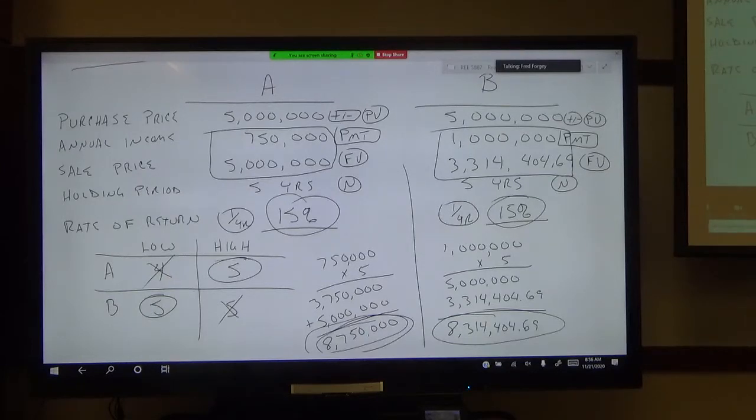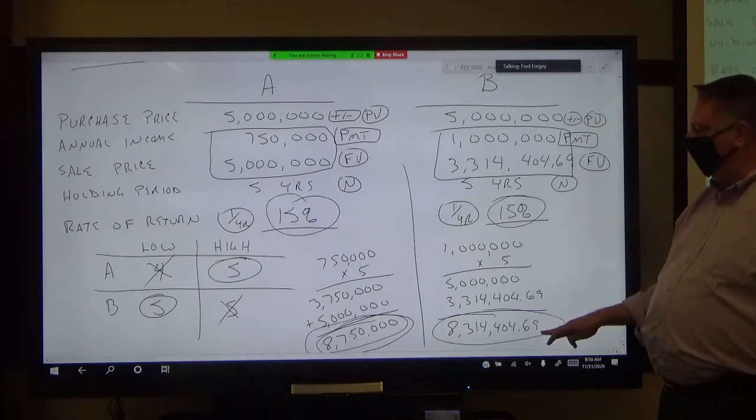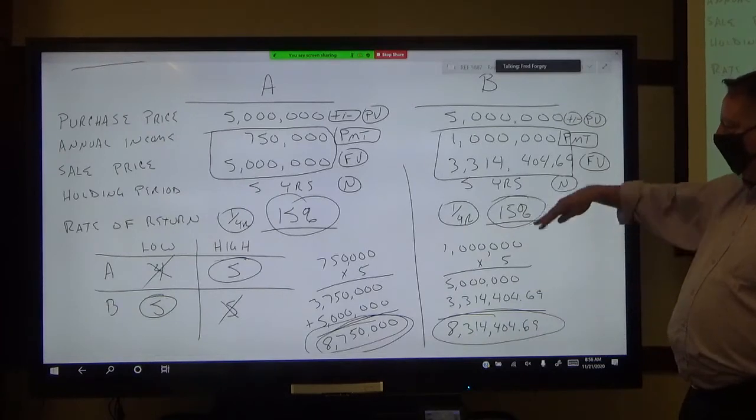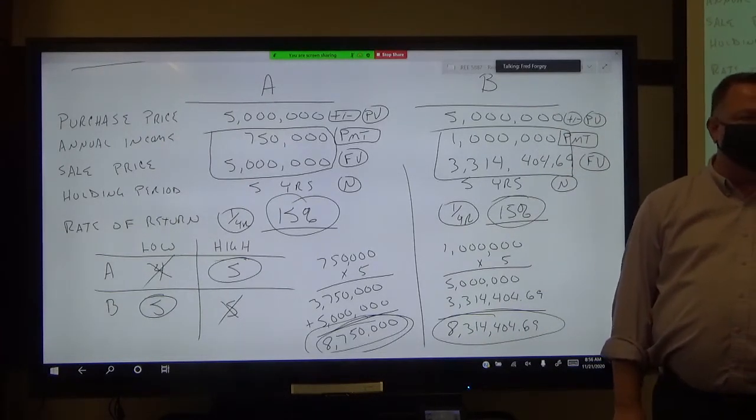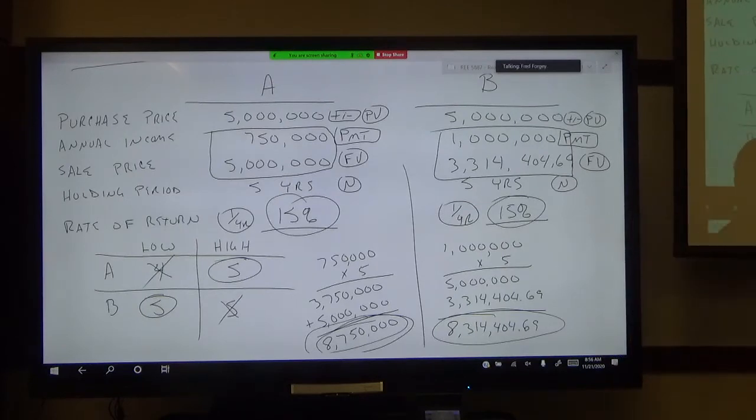Therefore, we would prefer to get our money as quickly as possible and, in essence, take a little bit of a discount on the total amount we're receiving because we're getting our money sooner. Does that make sense? Yes or no? Thoughts, comments, observations?